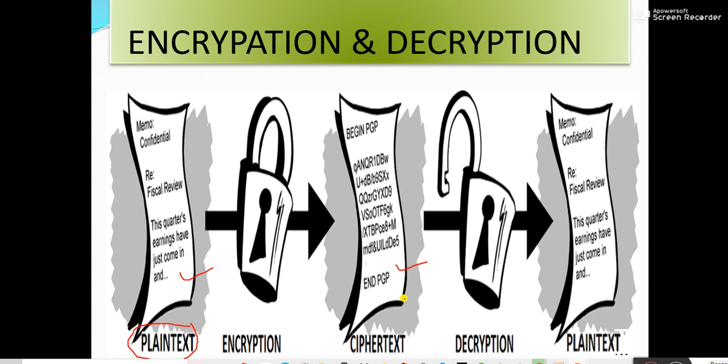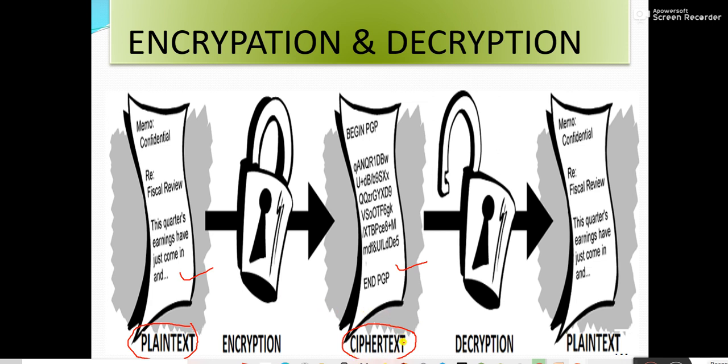In transit the message is sent in unreadable format. Encryption is performed on the sender side, and the plain text message is converted to ciphertext, which is an unreadable format.